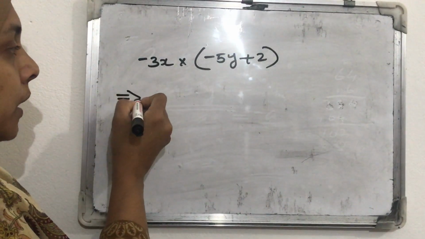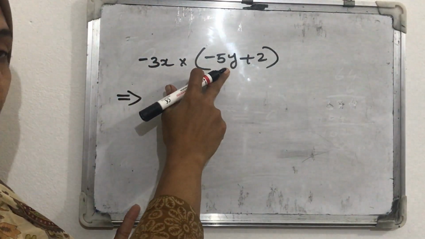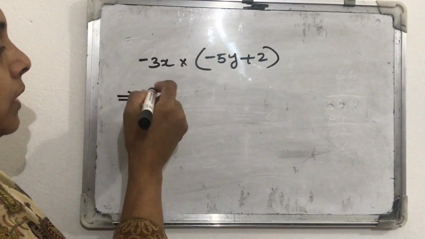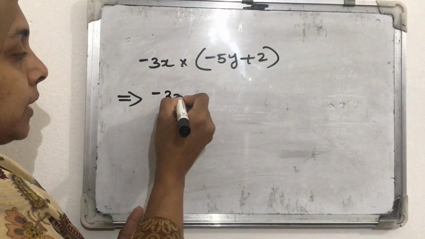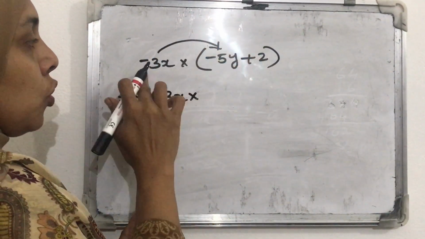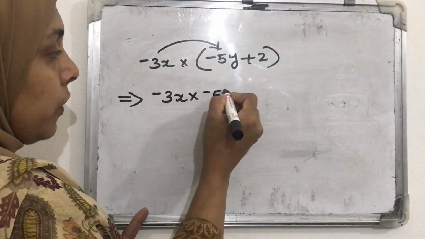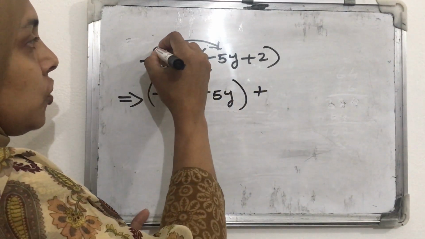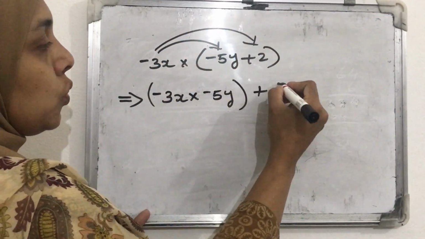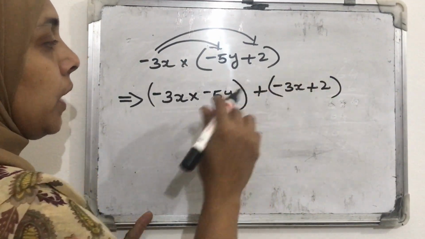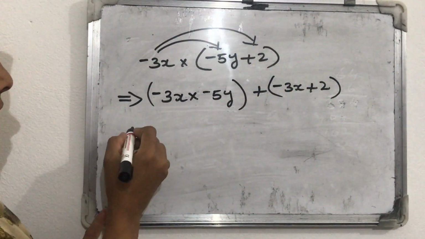First we multiply the first term of the second expression with this minus 3x. So minus 3x we multiply with minus 5y, plus next minus 3x multiplied with 2. After that we find the sum of these two.